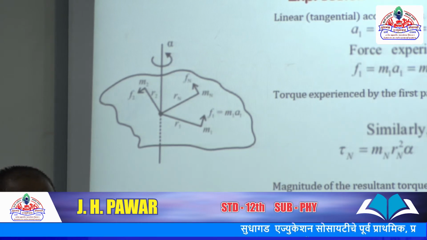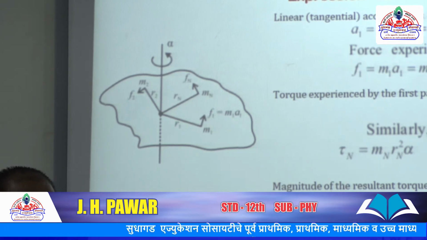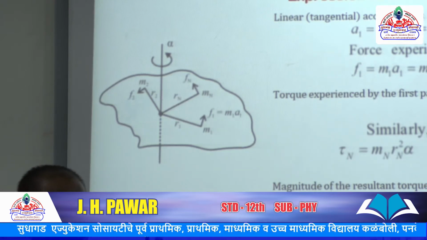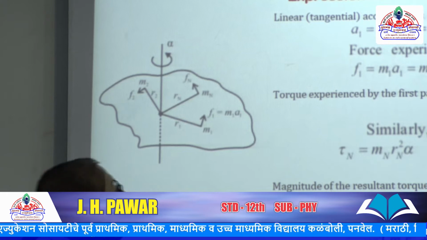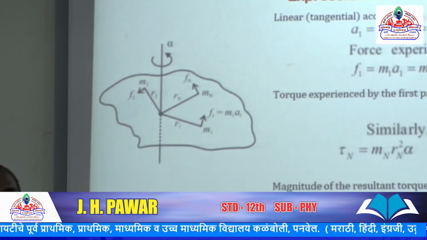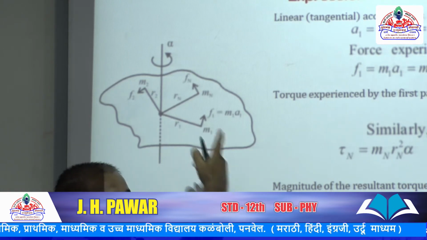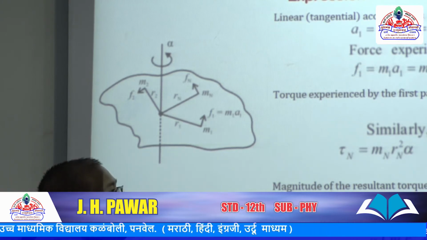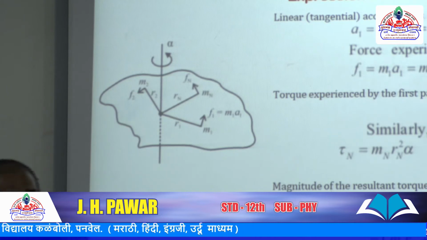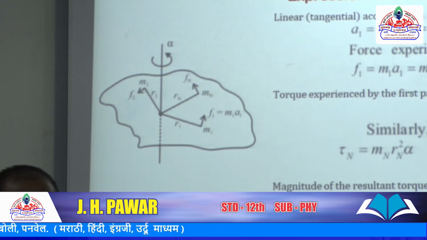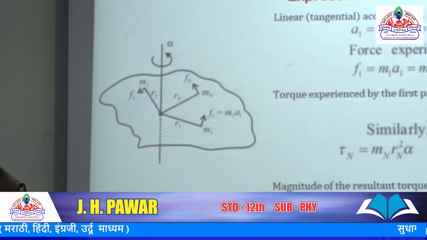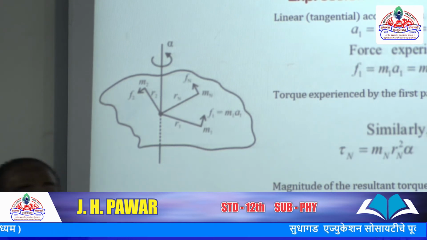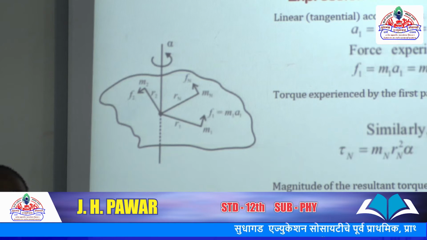Now next, a theoretical simplification. The rigid object consists of n particles of masses m1, m2, m3 up to mn, and their perpendicular distances from the axis of rotation are r1, r2, r3 up to rn respectively. Now each particle revolves in a circle, not in UCM.